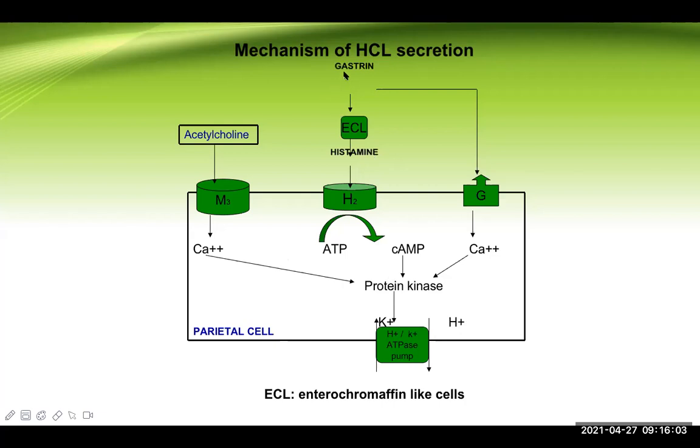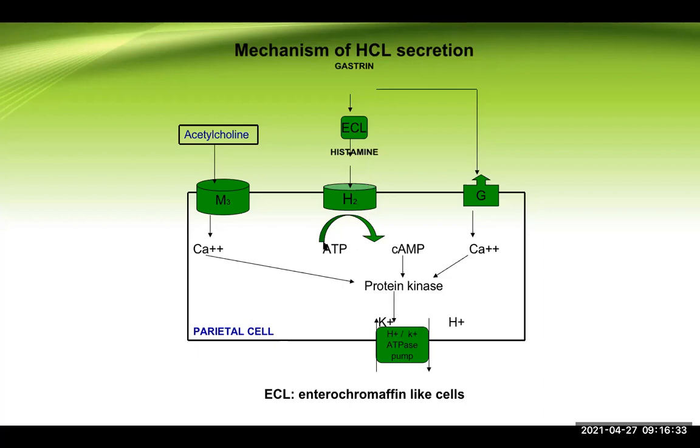On the other hand, gastrin is a very important hormone here. Gastrin acts on the enterochromaffin-like cell, and from there histamine is released. This is stimulated by gastrin, and also by acetylcholine, or the vagus nerve. So histamine is released, and this histamine acts on the histamine receptor.